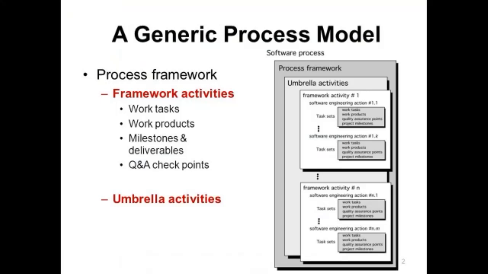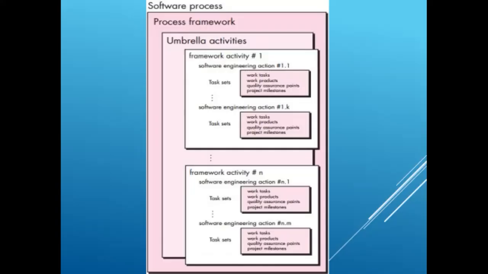These are the framework activities and the umbrella activities. This is a simple diagram of the software process framework, with umbrella activities and different types of framework activities, from framework activity 1 up to framework activity n. In those framework activities, we are taking actions 1 to n.